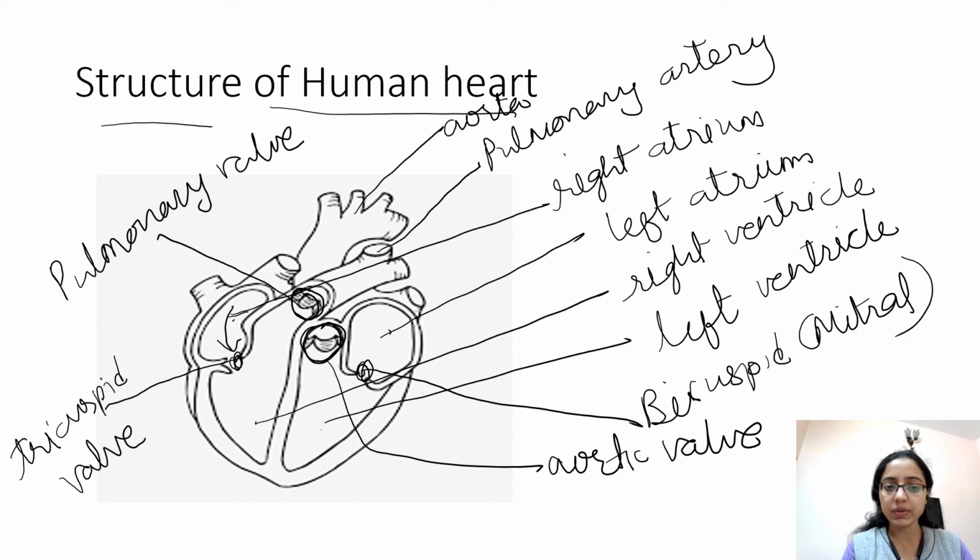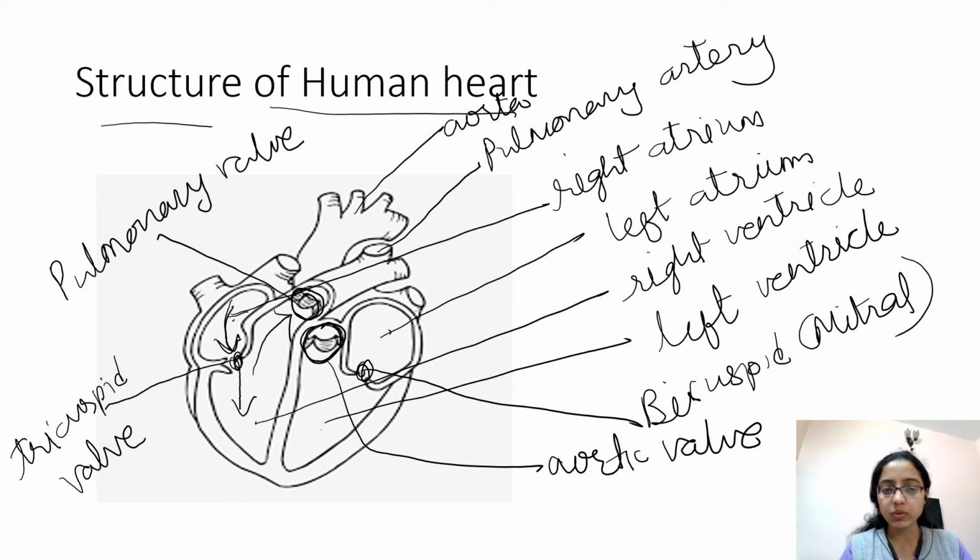It comes from different parts of the body, and then through the tricuspid valve it flows to the right ventricle. From the right ventricle, this deoxygenated blood goes to the pulmonary artery. Now the pulmonary artery will bring this blood to the lungs and the blood will get oxygenated.